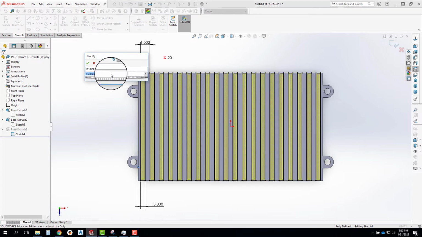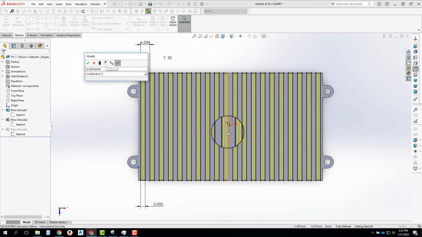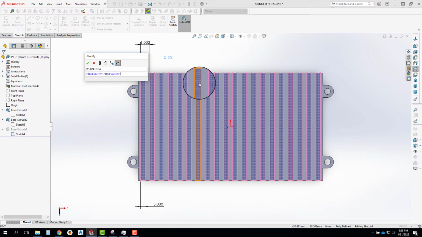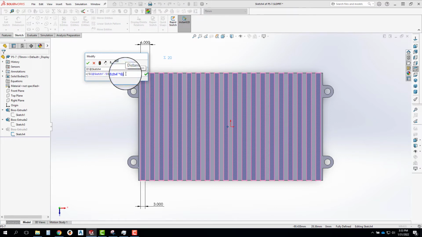It'll be equal to the full width, so that was D2 at sketch 1, minus the number of fins, which is this one, times the width of the fins, that's 6 millimeters. So get that answer, all of that, and divide it in half.